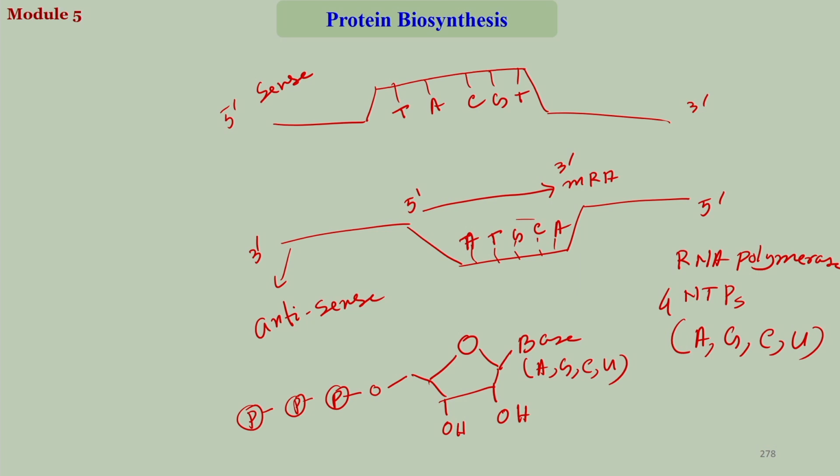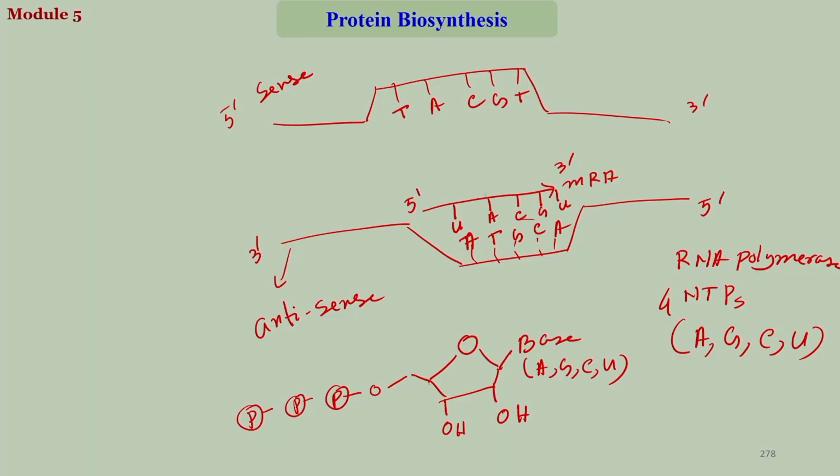So, what would be the sequence of the RNA strand here? Opposite to A is T, but in the RNA case it will be U. Against T it should be A, against G it should be C, against C it should be G, and against A it should be T, but for RNA it is U. U, A, C, G, U, 5 prime to 3 prime sequence.